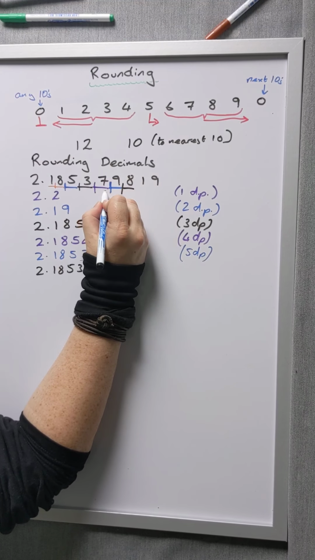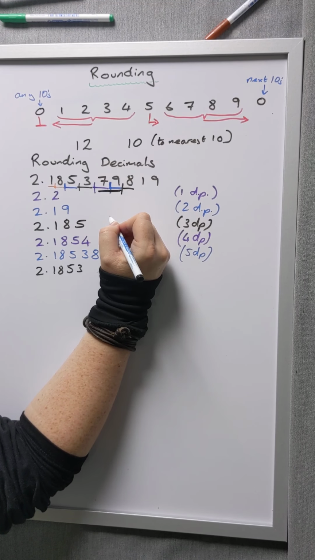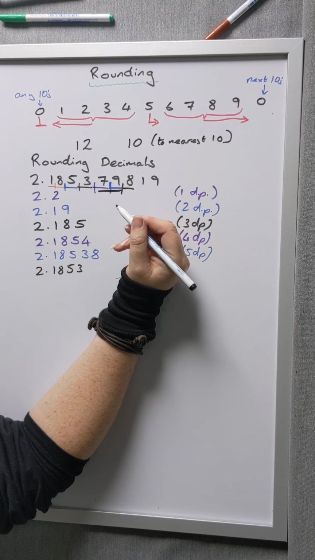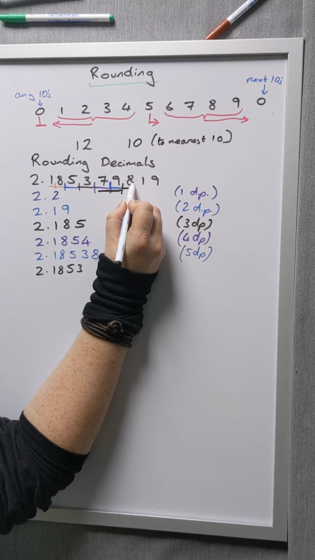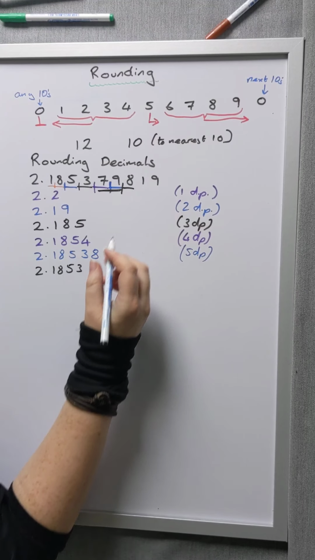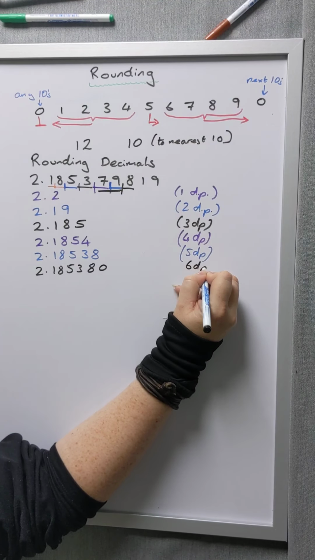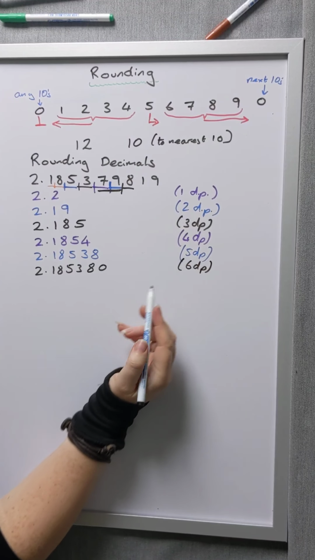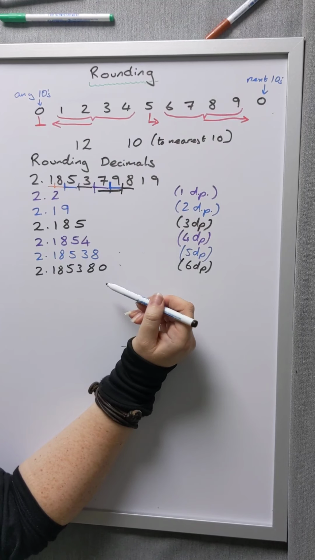So you could think of it as 79 here, and we're rounding it to the nearest number. The nearest number, 79, the 8 here, rounds it up, so 79 becomes 80. And that's to 6 decimal places. You'll see that 5 and 6 decimal places are actually the same number.